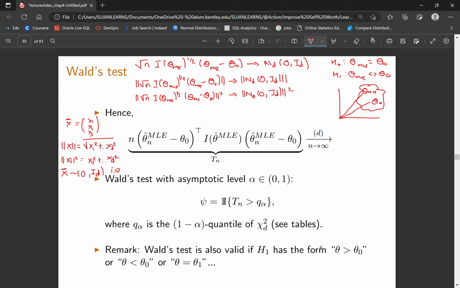That is, x1 has a normal distribution of 0, 1. X1, X2, X3 through Xd are standard normals. That's what we know.